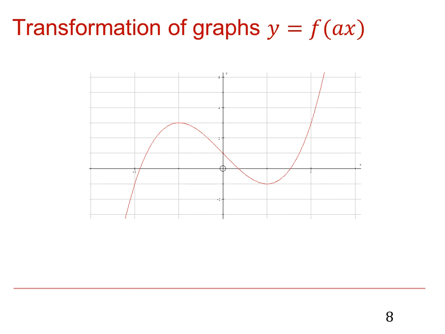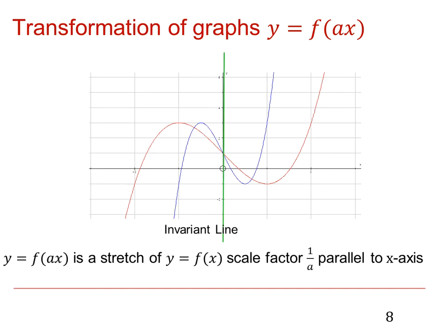And finally, y equals f of a x. This time you can see that it is stretched by a scale factor of 1 over a, with the invariant line this time the y-axis. So we could say that this is parallel to the x-axis. The scale factor is 1 over a rather than a.